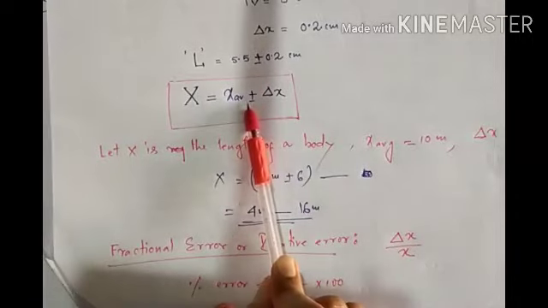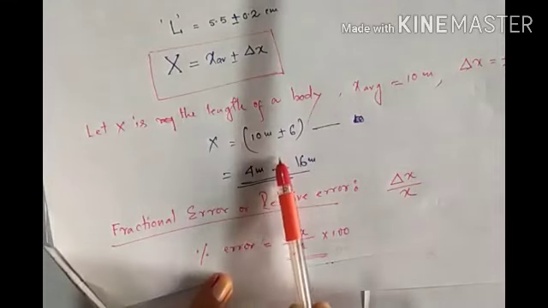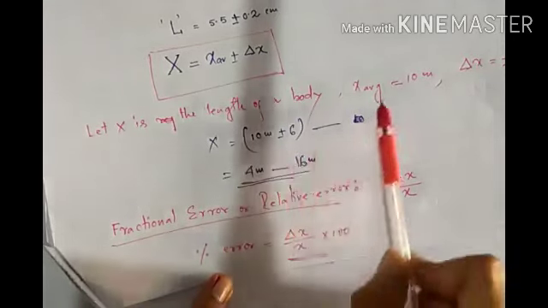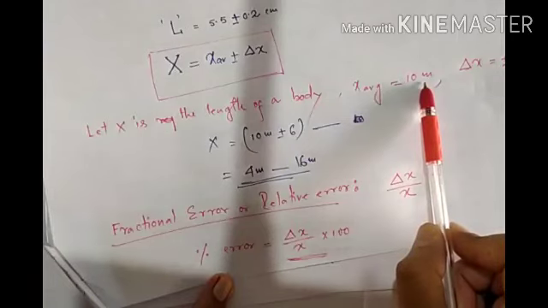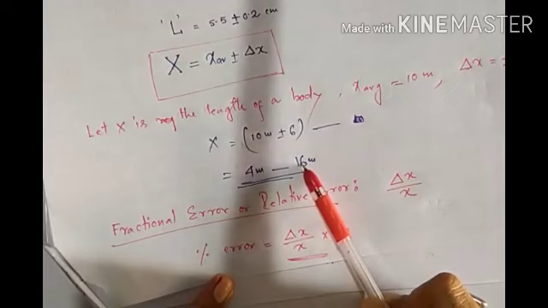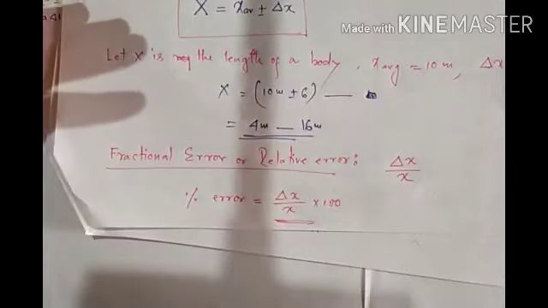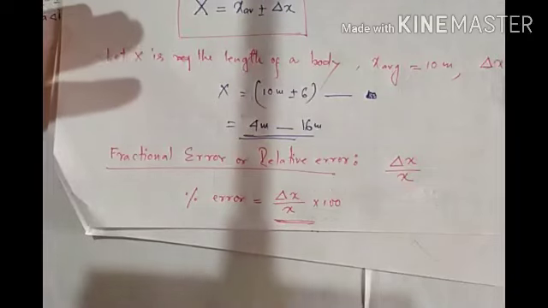This is how we represent any physical quantity. Here I have shown that if the average length of a body is 10 meter and you say the result could be anything between 4 meter and 16 meter, it is not acceptable. So it is very important that our random errors are not very big.